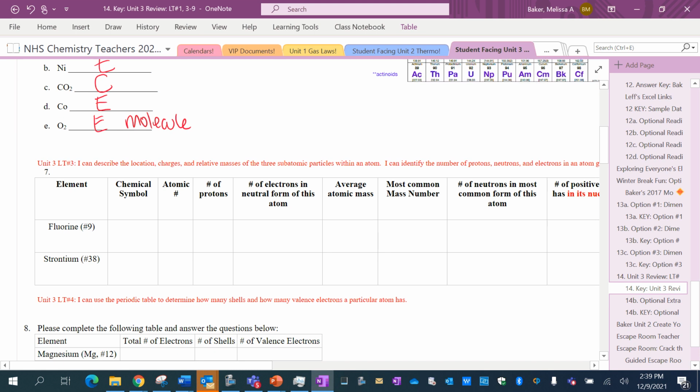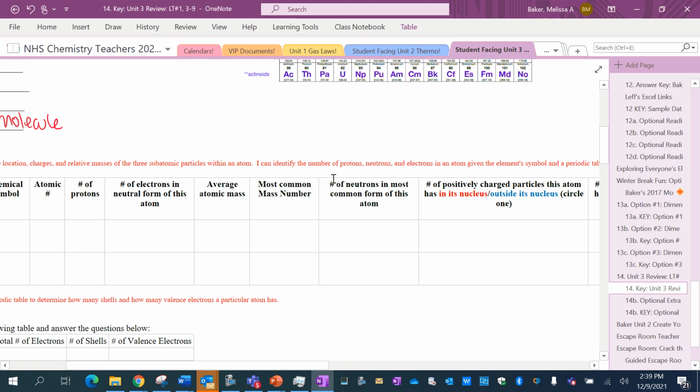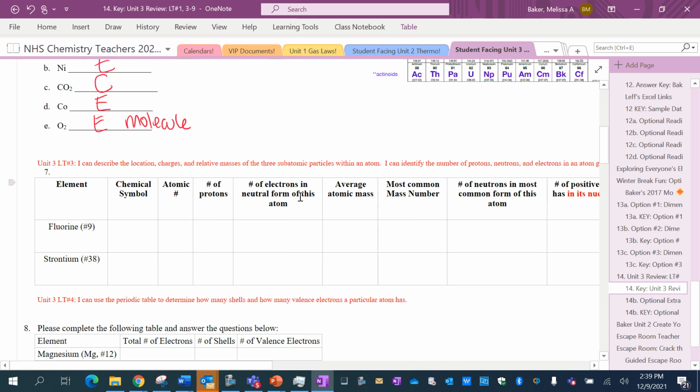All right. Can you describe the location, charges, and relative masses of the 3 subatomic particles within an atom? And can you identify the number of protons, neutrons, and electrons given an element's symbol and a periodic table?